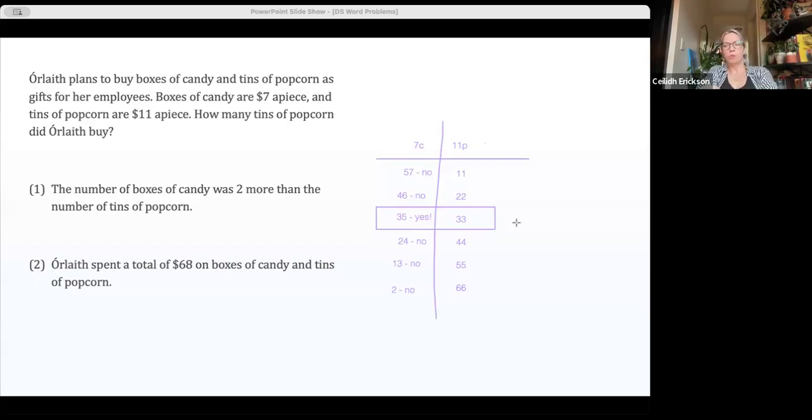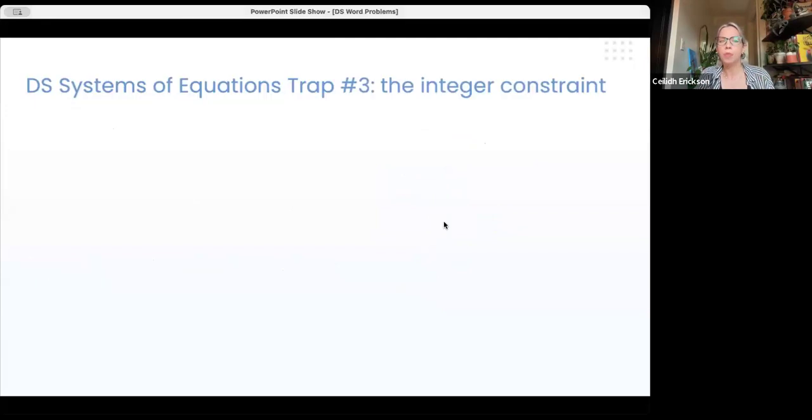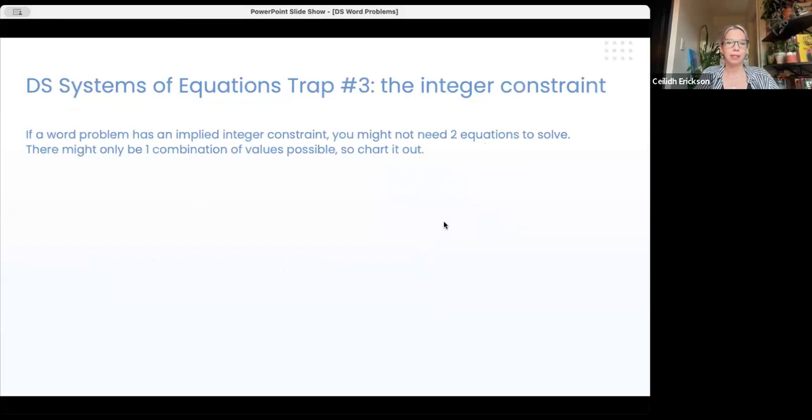So, okay, we'll come back to that, and Ava, that is a really good point. We are going to talk about that in a second, but first, just to sum this one up, the trap that was going on here was that we had an integer constraint, and if you have that implied integer constraint, it may be the case that there is only one combination that works for a given equation.